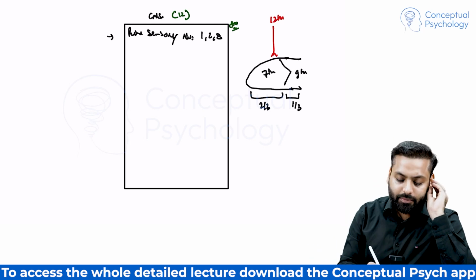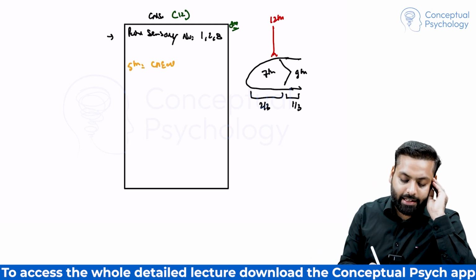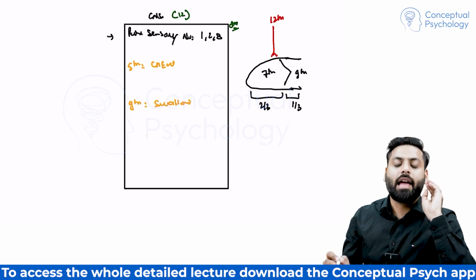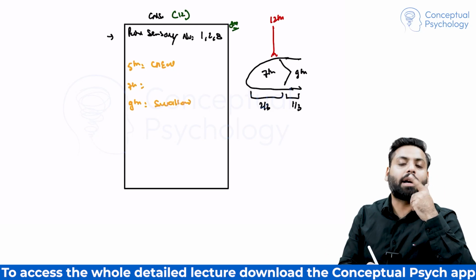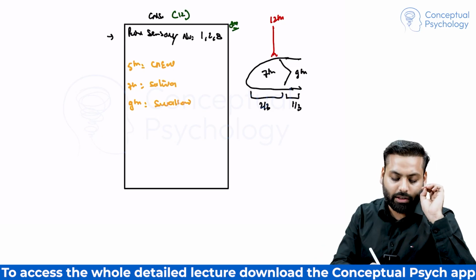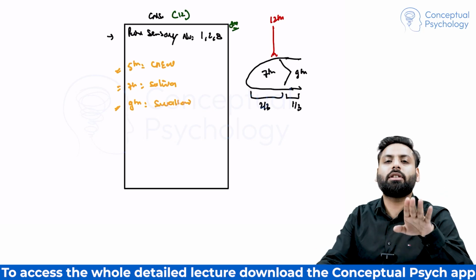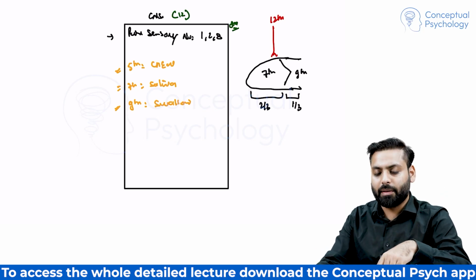Then 5th nerve helps us to chew food. 9th nerve helps us to swallow food. And 7th nerve produces the saliva in the mouth. Done. Remembered? Okay. So this is about the cranial nerves that you need to remember. Fine.